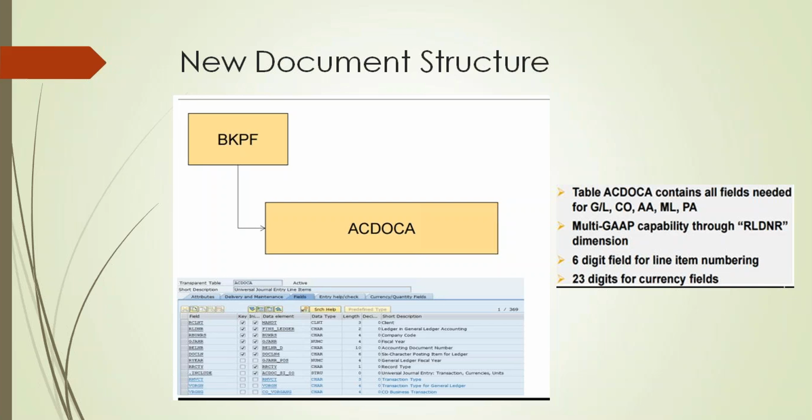We don't need to store any totals table, because whenever you want a total, it will be calculated on the query from the ACDOCA data. Even for indexing, like which documents are cleared and which are open, we don't need BSIS and BSAS anymore as tables, but they will be created as views.